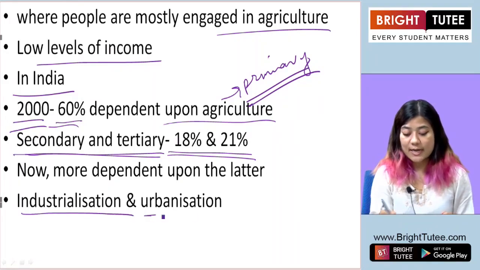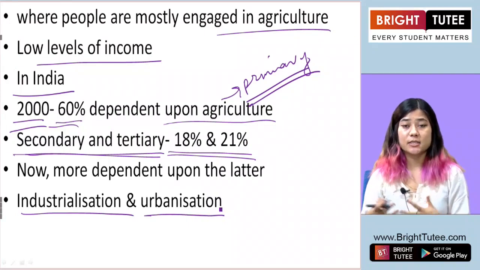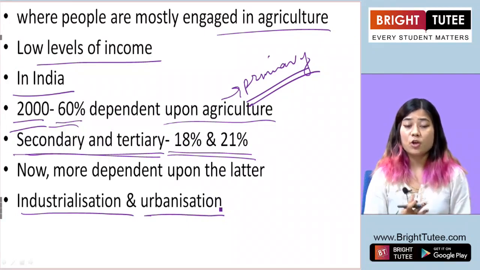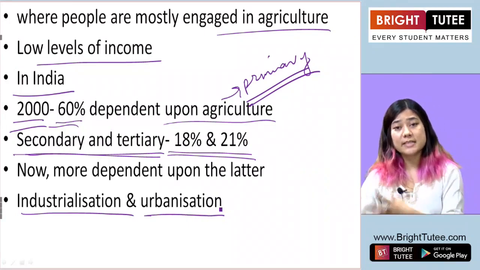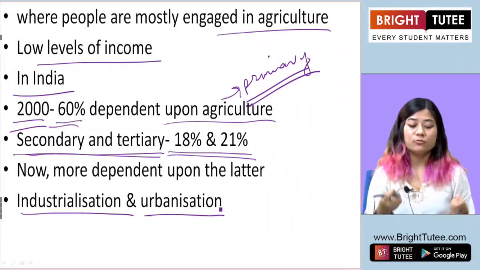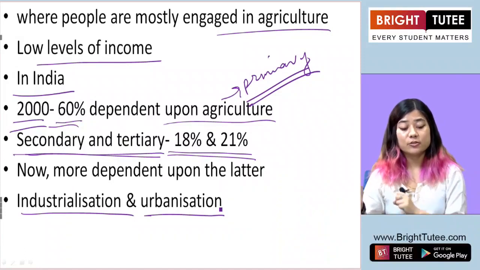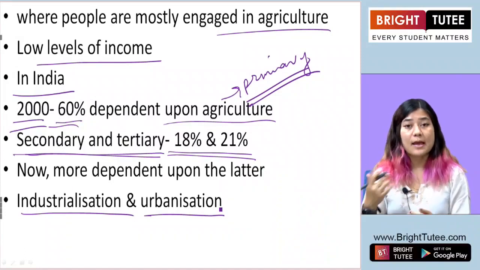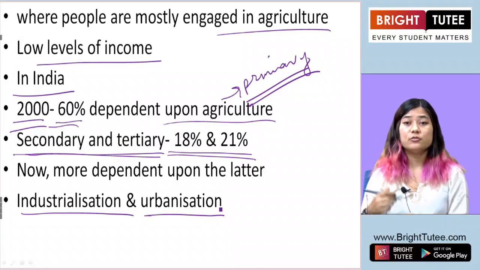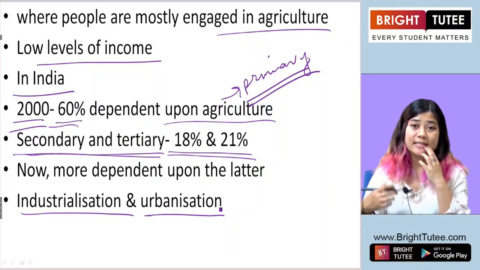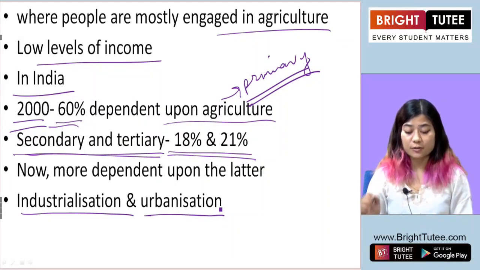Because of industrialization and rapid urbanization, in India there are more job opportunities, more such areas, which leads to secondary and tertiary activities. That has led to high levels of income, resulting in economic development and an increase in the economy of the country. Alright.